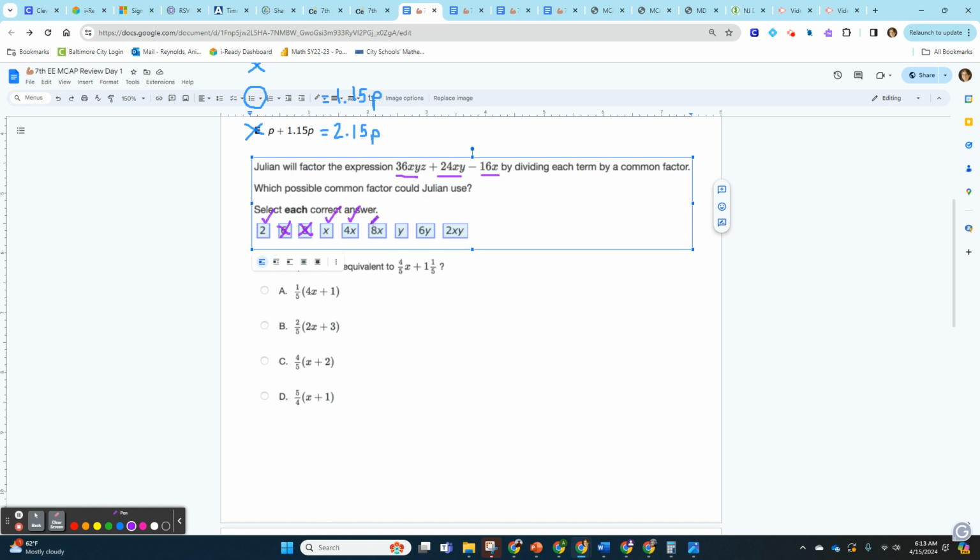I already know that 8 does not work, so 8x could not work. I'm going to check y. Does every term have a y? No, this term right here does not have a y, so I cannot use y. Any of the options with y's could not work because this one term does not have a y.